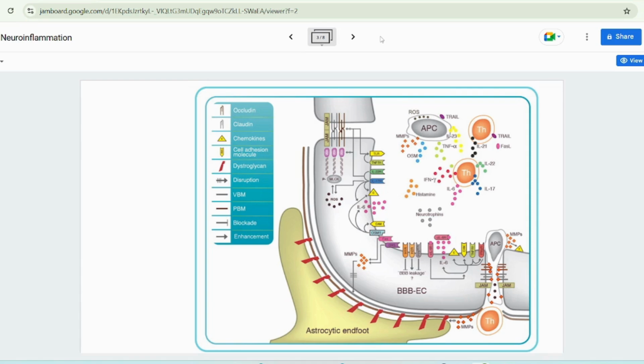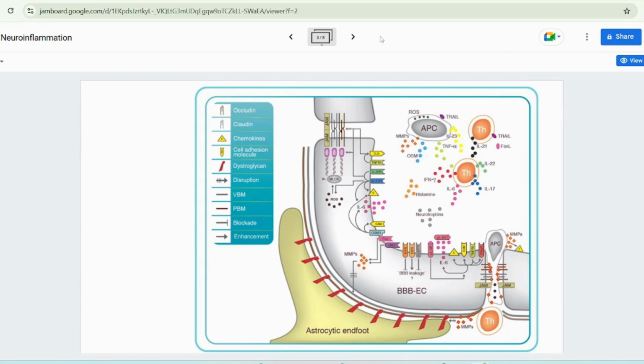It allows for selective entry across the blood-brain barrier, with only specific activated subsets of immune cells able to cross, typically in response to infection. The blood-brain barrier creating this immune privilege for the CSF limits the immune response, where immune responses are tightly regulated to prevent excessive inflammation that could damage the neural tissue.